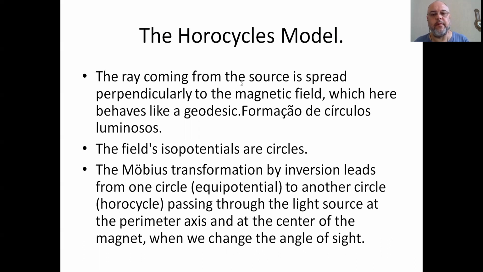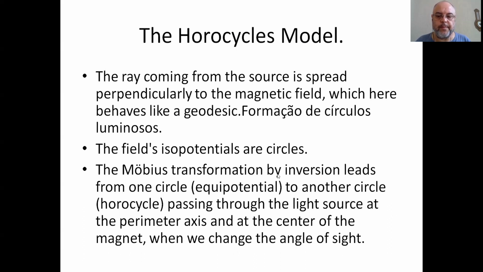The ray comes from the source and is spread perpendicularly to the magnetic field, which here behaves like a geodesic. We have the formation of luminous circles, the formation of horocycles. The fields, isopotentials, are circles.